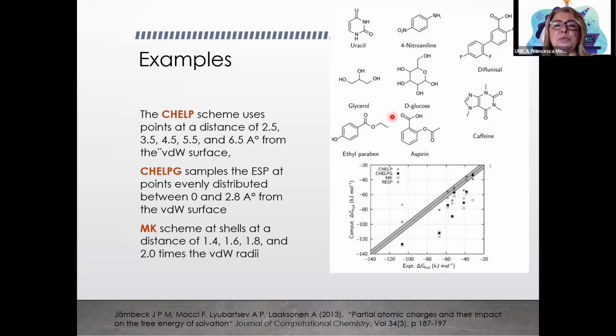We tried different schemes, and you can see that depending on the scheme, the result of the free energy of hydration varies very much with the particular method that is used. Here are reported experimental values, here the computational ones, so a perfect agreement is on this line.